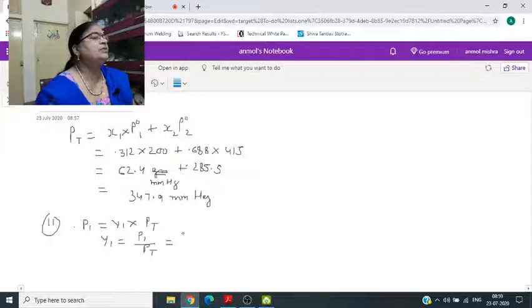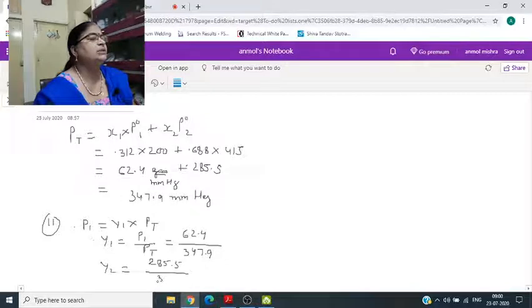So P1 we have got 62.4 and total 347.9. Similarly Y2, this is for chloroform and this is for methylene. So Y2 will be 285.5 divided by 347.9. So these types of questions are asked in board.